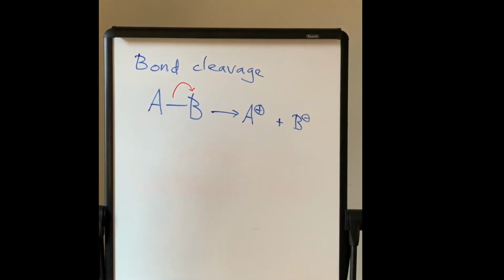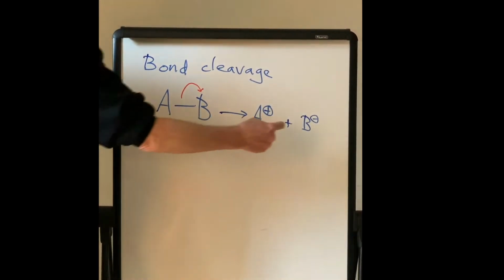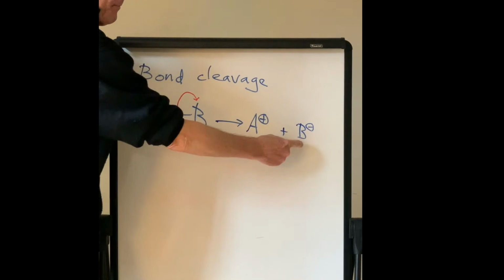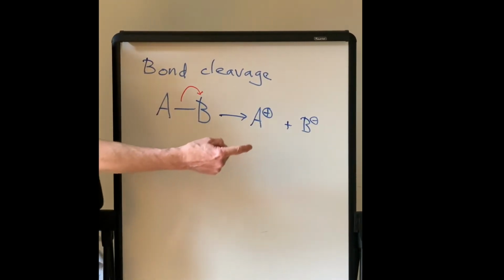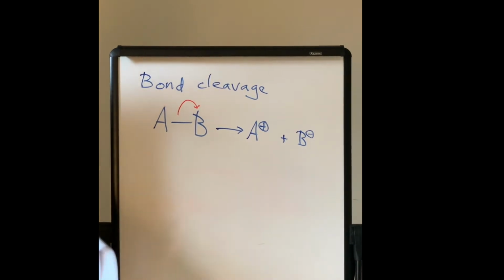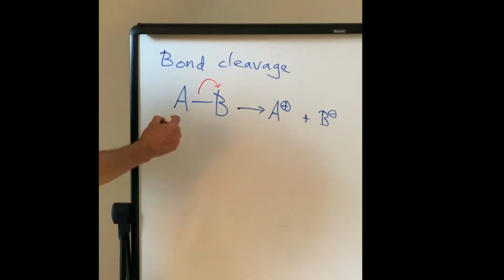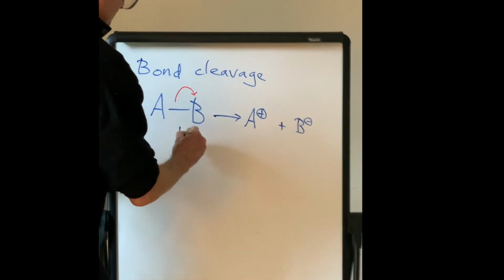This is an example of what's called heterolytic. One chemical species gets the electrons that used to be shared, and one chemical species is left with none. There is another mechanism, let me write under this one. This one is heterolytic.